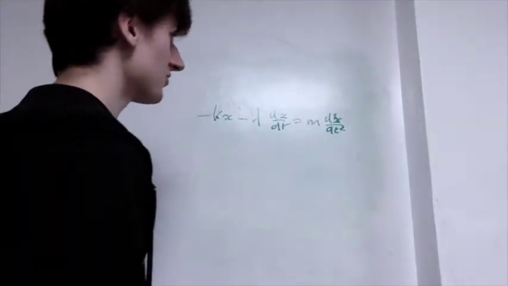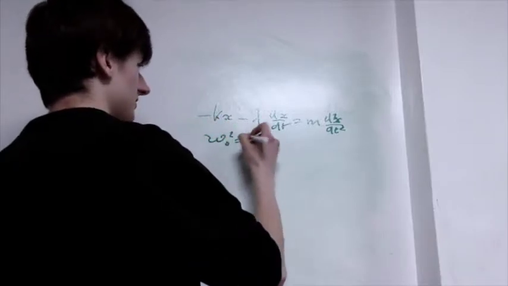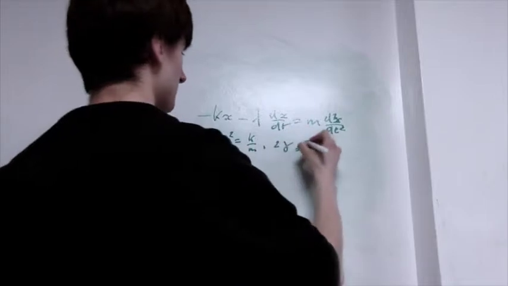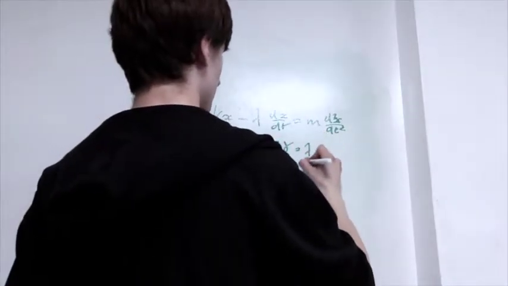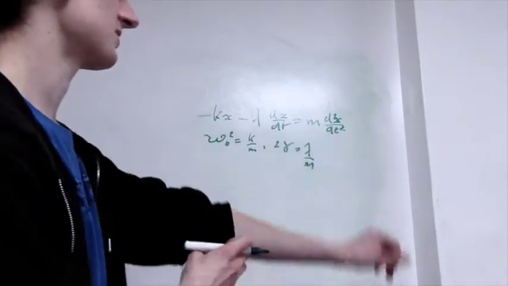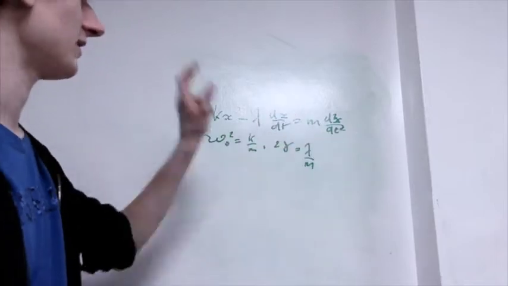So we can introduce some variables here to help us along the way. We can introduce omega 0 squared, which is k over m, and 2 gamma, which is equal to lambda over m. So we can see that this is sort of like a quadratic equation, except instead of variables we have a derivative. So we have second derivative first and 0.